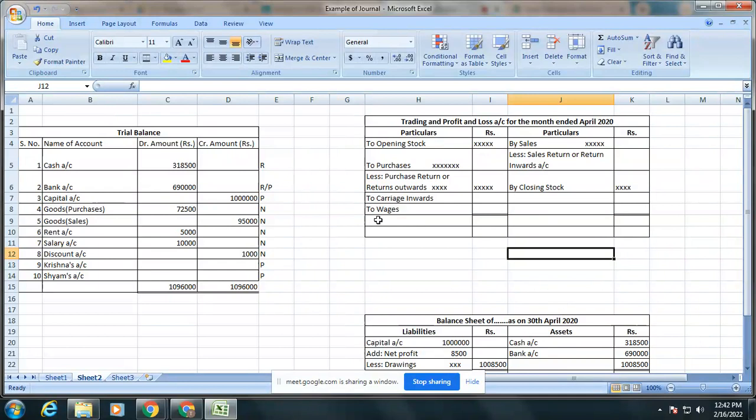So here in the format, I'm going to write down to gross profit. This will be written on the left hand side only when the right hand side is more, and here we write down by gross loss. अगर आपकी लेफ्ट हैंड साइड ज़्यादा है सो बाय ग्रॉस लॉस.